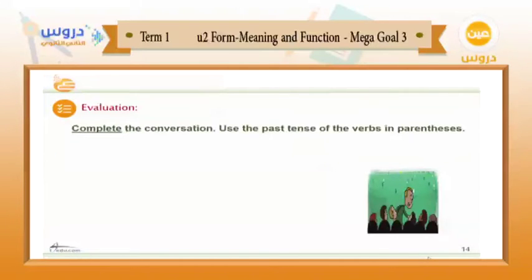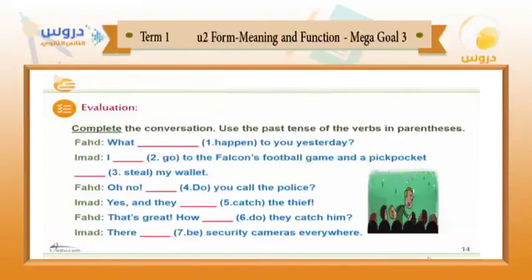Complete the conversation. Use the past tense of the verb in the parentheses. Now we have a conversation between Fahad and Imad. Fahad says, what happened to you yesterday? What do you think the answer will be?